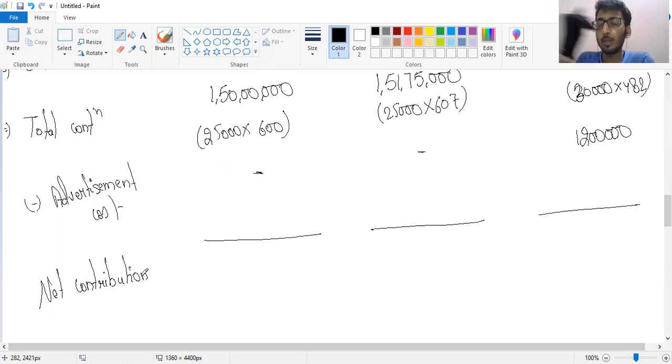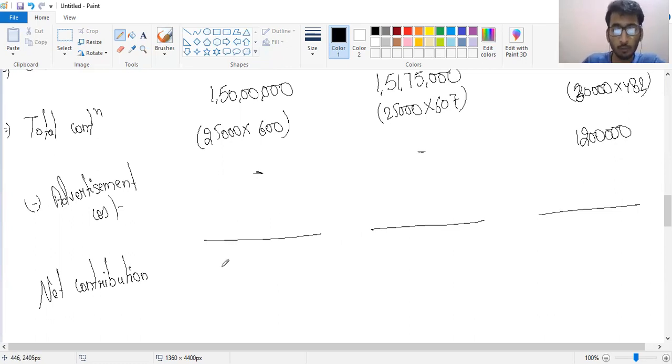So we will consider that the old machinery is used for making the component as well, and all the previous fixed costs would continue to occur. So the fixed cost would be the same in all these three cases.